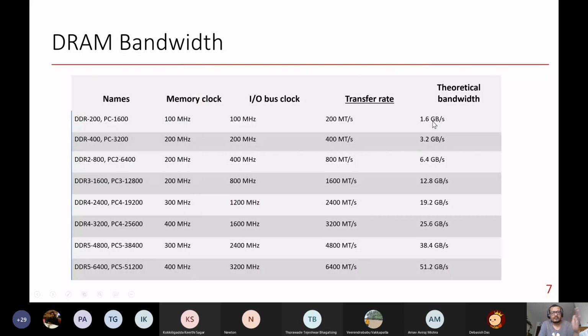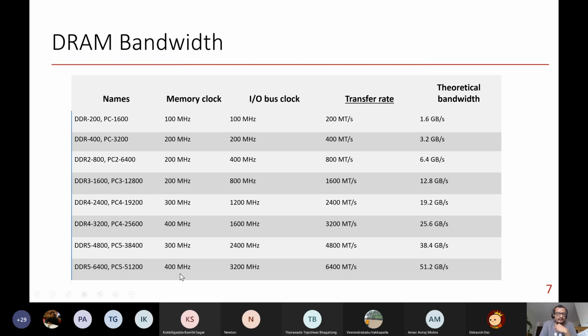If you compare the last 10-15 years, the bandwidth has improved. This column shows the transfer rate in terms of mega transfers per second, and in every transfer you communicate 8 bytes. Since the transfer rate is 6400, if you multiply by 8, you will get 51.2 Gbps.